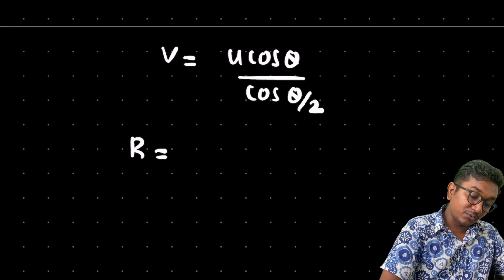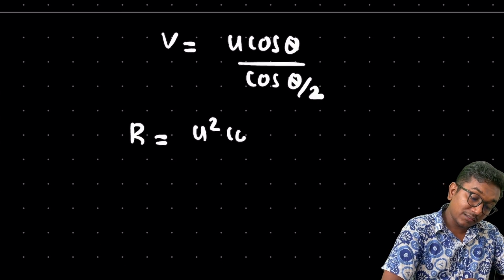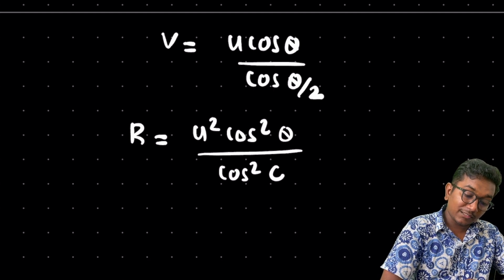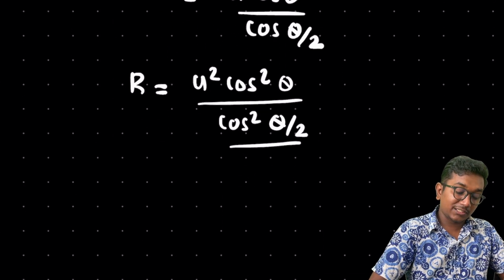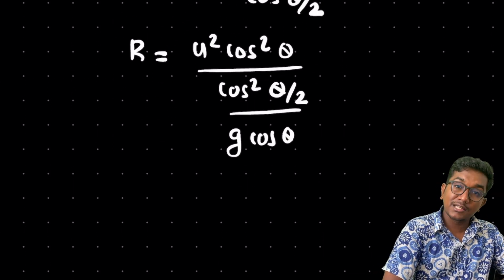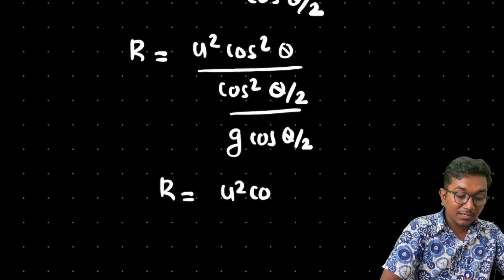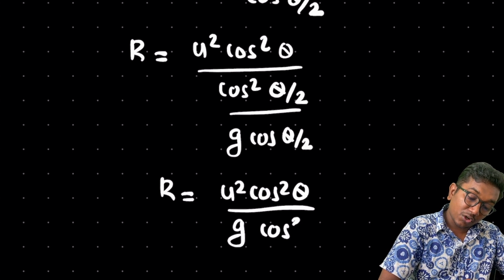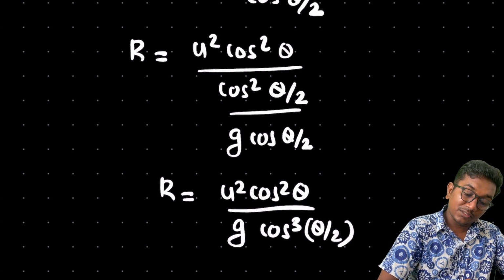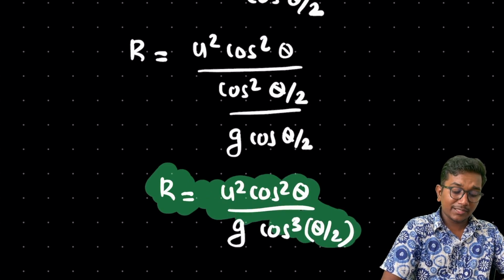So R is equal to v square, and v square is u square cos square theta divided by cos square theta by 2, divided by g cos theta by 2. So what is the answer? The final answer is u square cos square theta divided by g times cos cube theta by 2. So this is the radius of curvature equation. I hope you understood. Very simple.